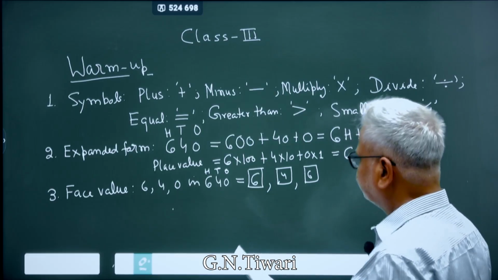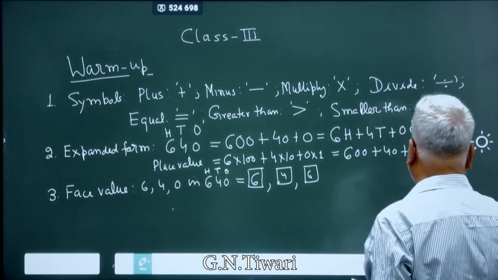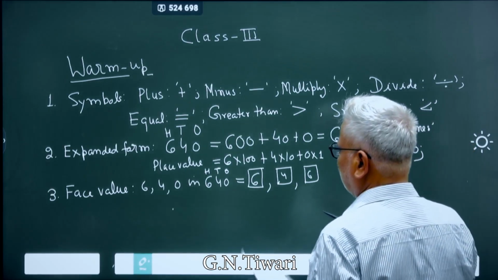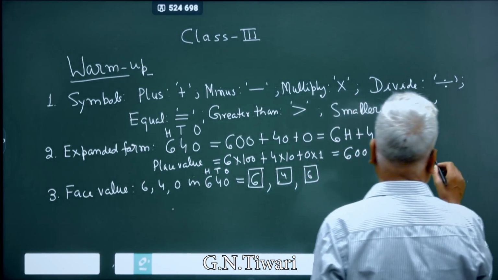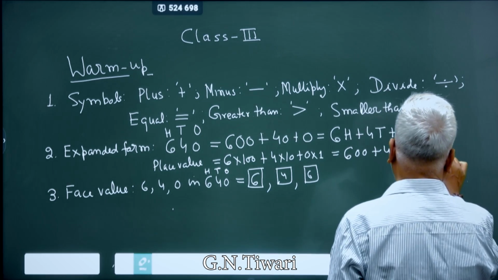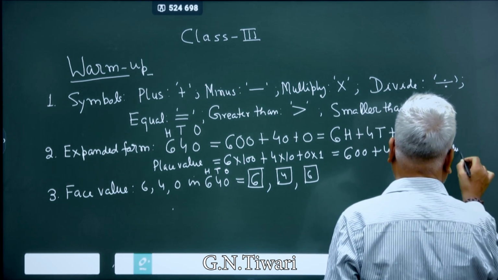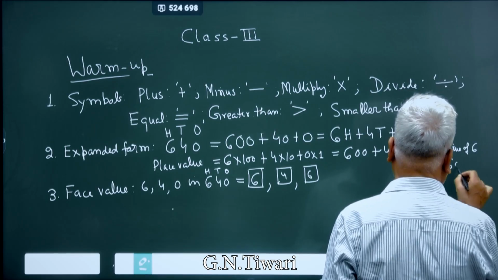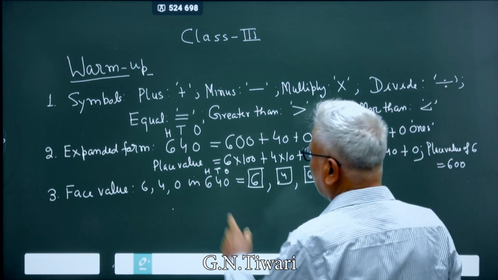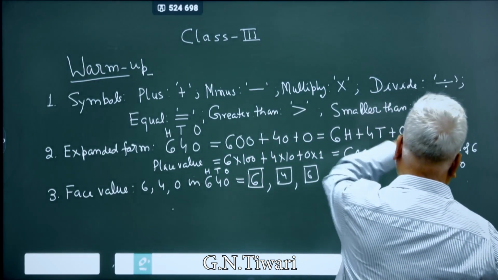Now, if you want a clear-cut instruction for place value, you can write that the place value of 6 is equal to 600. Similarly, place value of 4 is equal to 40 and place value of 0 is 0.